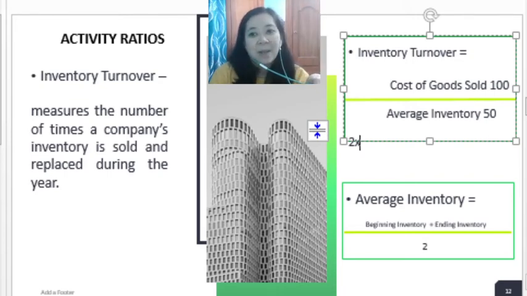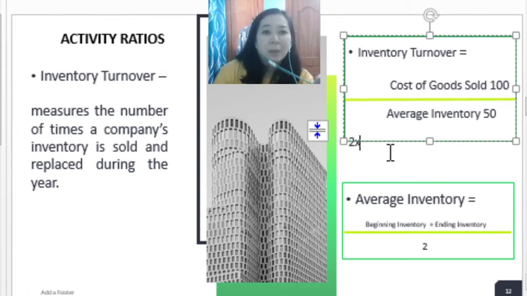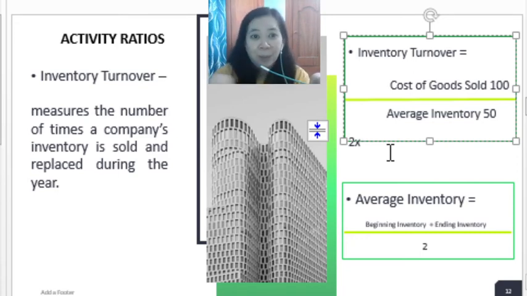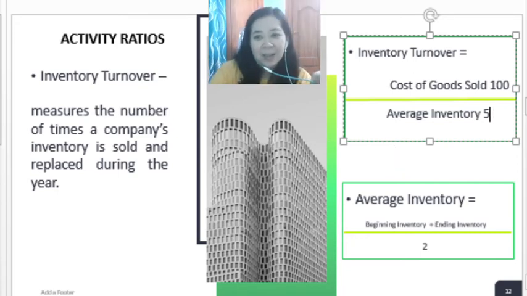If this figure is higher, it means you are selling very fast, and there are frequent sales in the company. That's better. Unlike here, where we only have an inventory turnover of 2. This is very slow, and not a good indication.